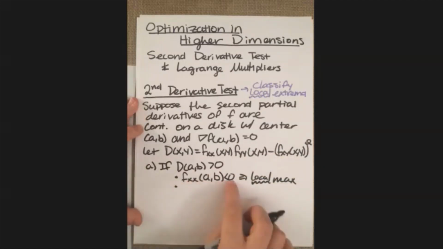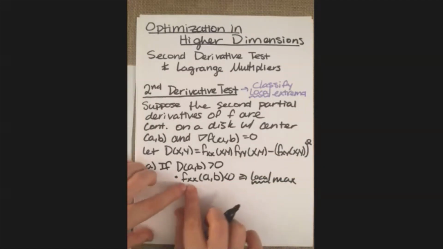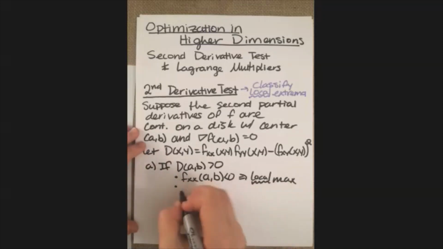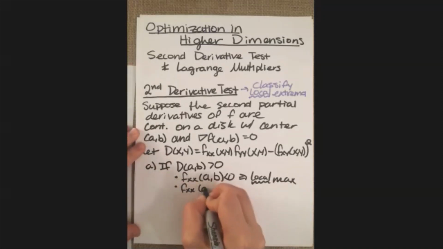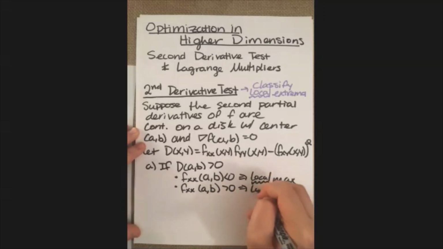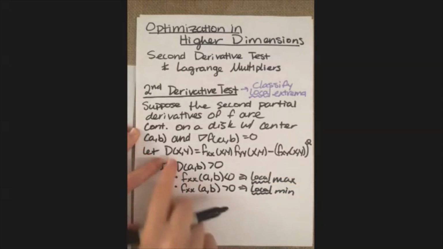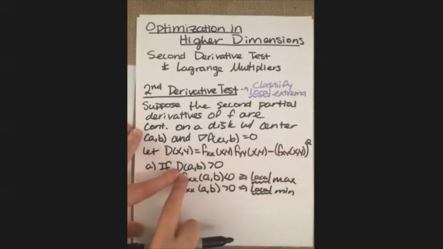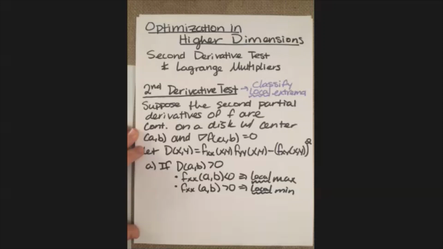So this is exactly the same as it was in Calc 1. Second derivative less than 0, you have a local max. If your second derivative with respect to x is greater than 0, then again, same as in Calc 1, we have a local minimum. And this is if this whole expression evaluated at that point is greater than 0.